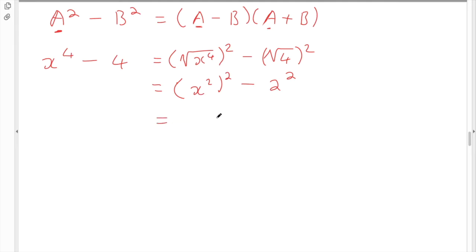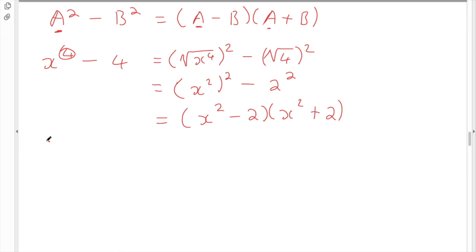So if we have to factor that, then we end up with x squared minus 2 multiplied by x squared plus 2. Right? So that's if we could, which means we can have any order here and we would still be able to factorize that.